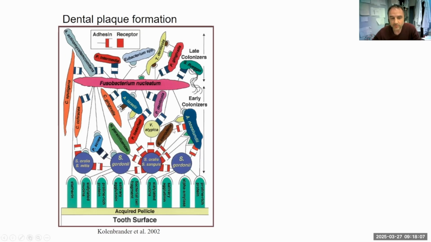And then we have, this is the theory, a beautiful succession of attachment of other organisms, because some of them possess specific receptors where other bacteria that have specific adhesins are going to be able to attach and co-aggregate.